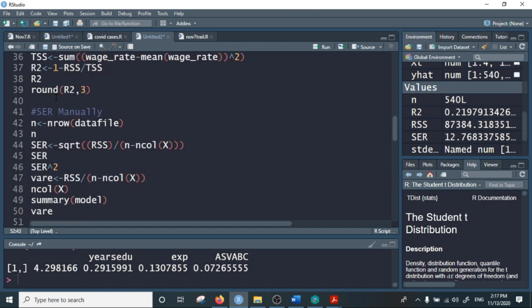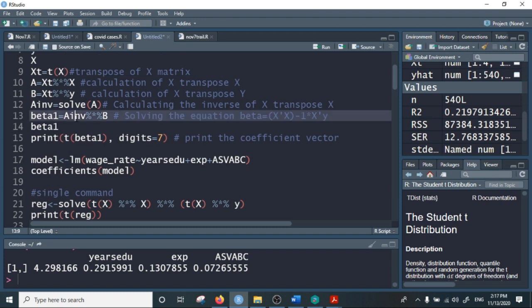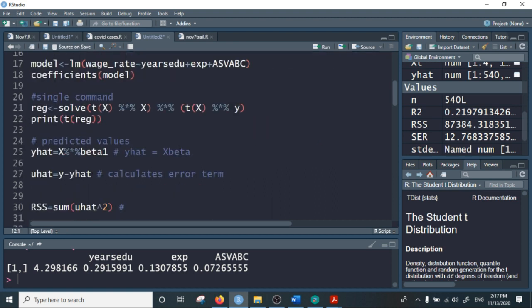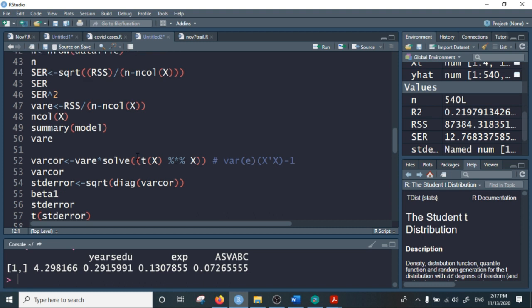For instance, we can use the x transpose x inverse, which we have calculated and saved as A inverse, or we can again calculate the transpose of x and find its inverse. So the formula here is the variance covariance matrix is the variance of error term times the inverse of x transpose x matrix.